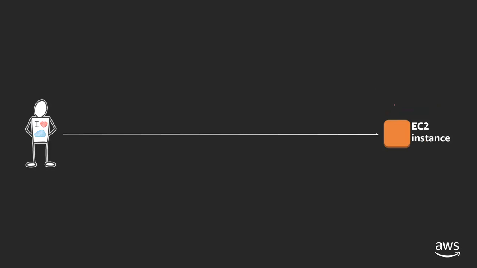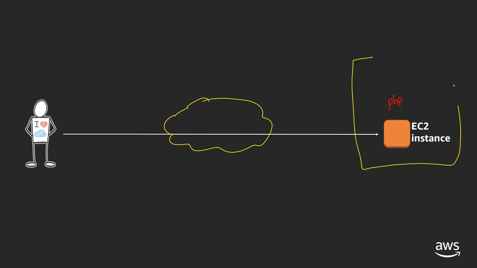On this EC2 instance, let's say I'm running my PHP application or Java application and I open it to the world and users are able to access it. These users would most probably be coming over the internet, but it is also possible that some users may be internal to my network, so those requests can come internally also.